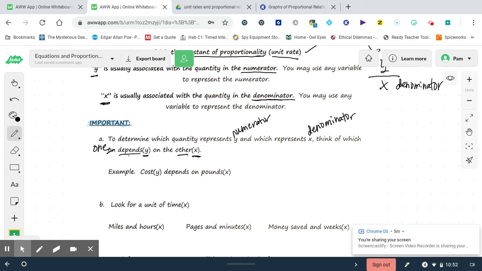So y is your dependent variable; it's going to depend on something else. And x is your independent variable. It doesn't depend on anything. Okay, it's the one that can be manipulated.